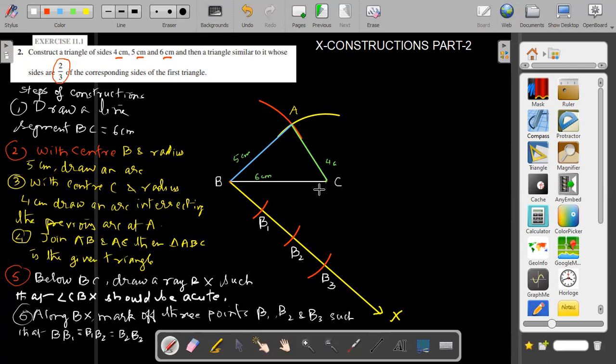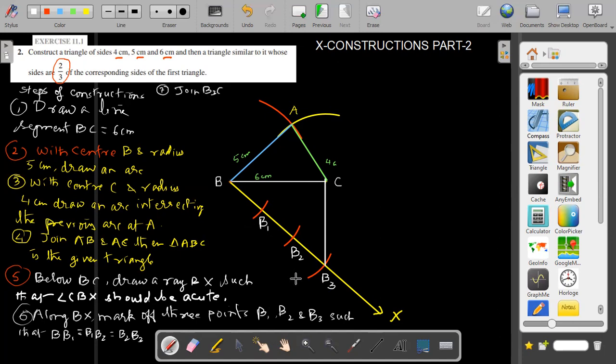So here we have been given the 3, so we will join B3 to C. These are the things that you have to remember. So next step, number 7, you will write: join B3, C.